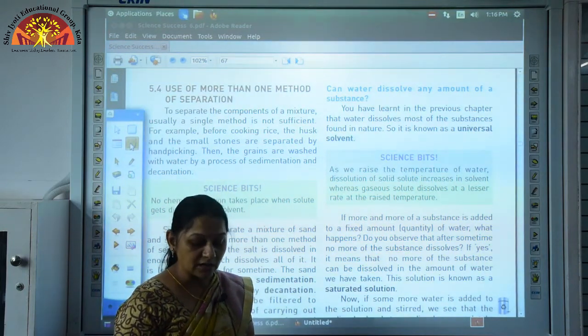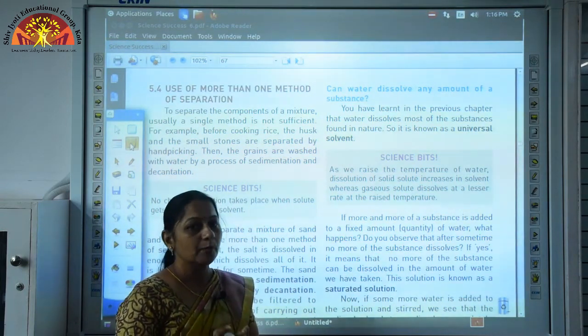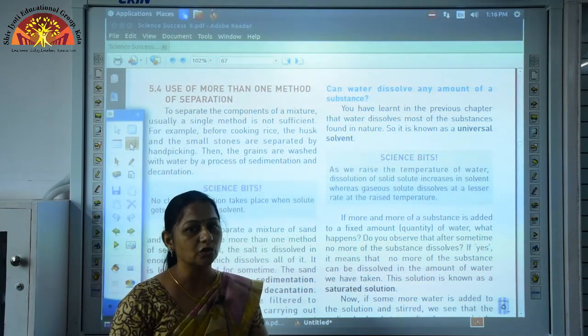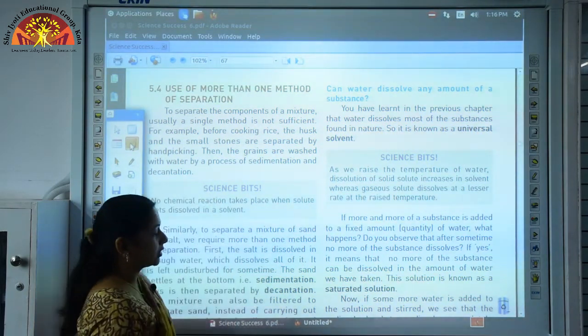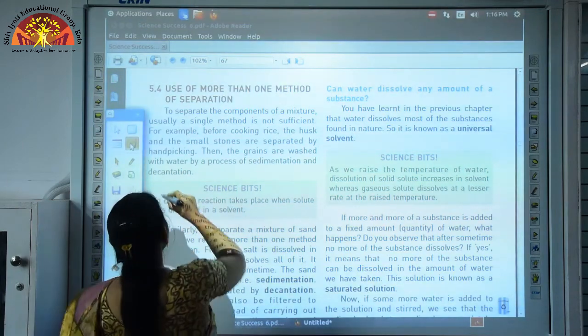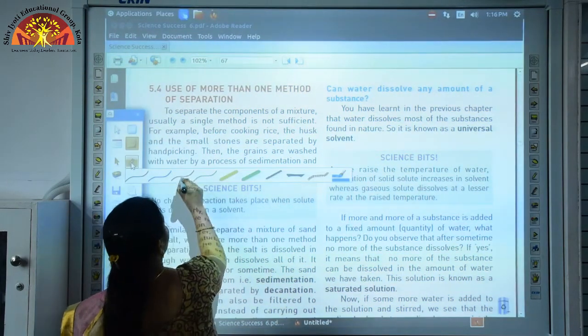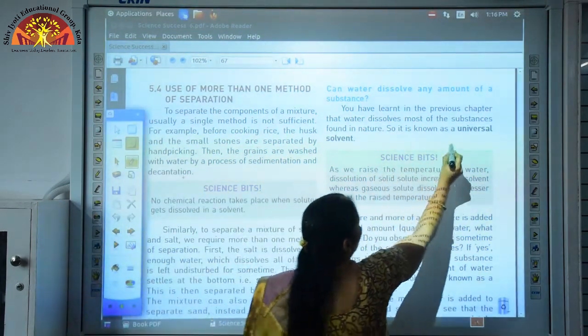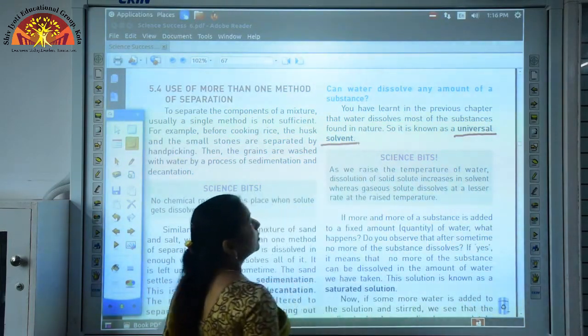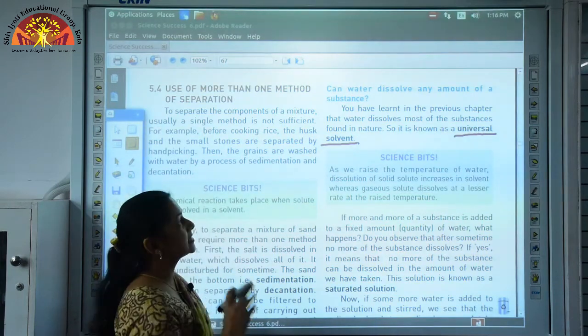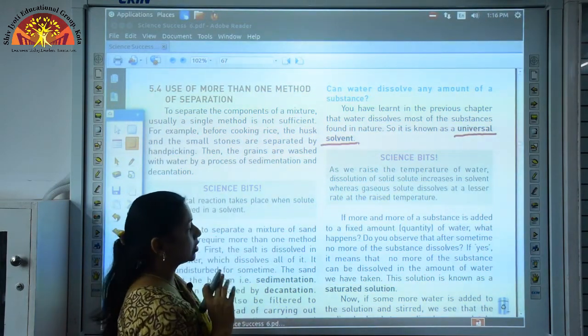Because it dissolves most of the materials. Most of the materials are soluble in water, and that is why we call water the universal solvent.